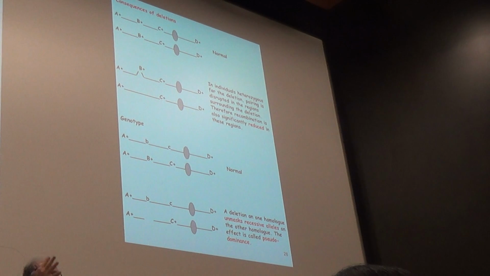So this segment is deleted right here. The normal copy is missing. Now you're simply a hemizygous individual for that gene. You have a single copy of that gene. And so you unmask a recessive allele. And so this is also called pseudodominance. Okay? This little d is acting like a dominant phenotype. It's not a real dominant. It's acting as a dominant simply because the actual dominant gene is not there in the cell.